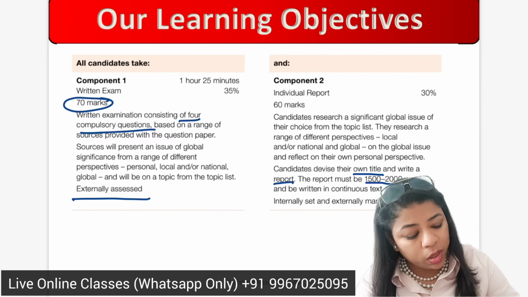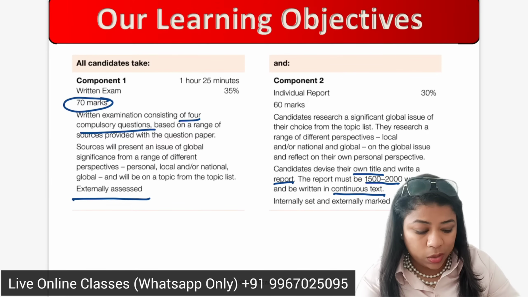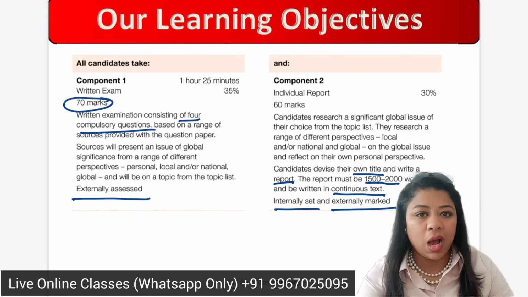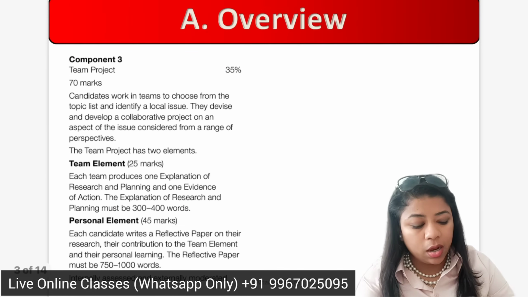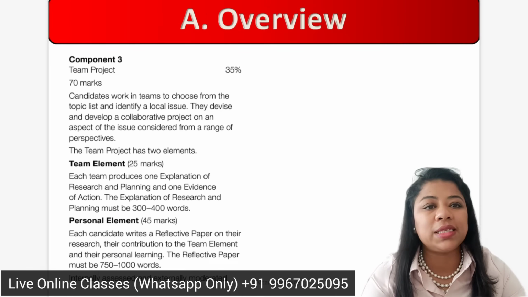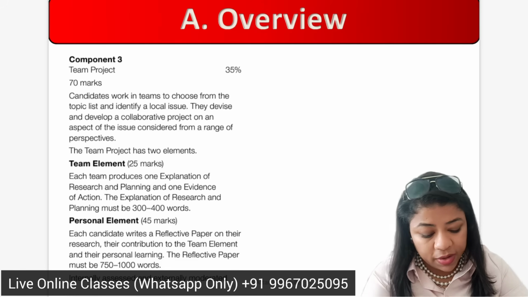The report must be 1,500 to 2,000 words and be written in continuous text. It is internally set and externally marked. So your teachers are going to support you in writing this essay, however it is assessed by Cambridge University.